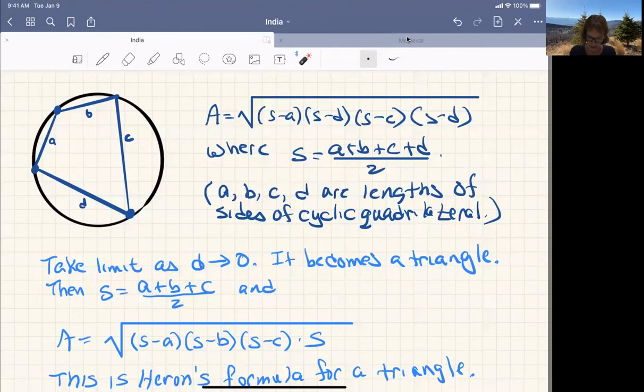All right, I've just copied down the info again of the formula for the area of a cyclic quadrilateral. And now here's something interesting. Let's take the limit as D goes to 0.